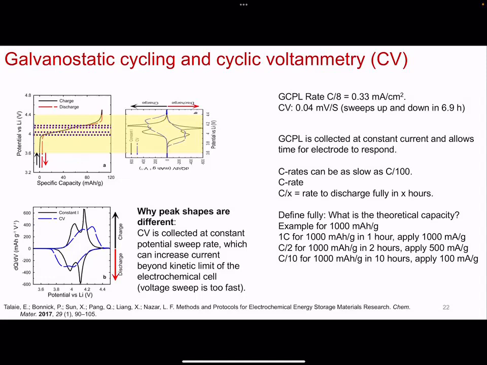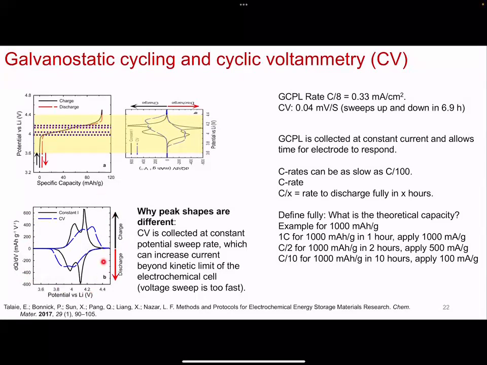But what's also useful is instead of just looking by eye and saying where's my first plateau, the most reliable way is just to take the derivative of the data, and you can overlay that. So you can then overlay in GCPL the black curve here, right? That's the first derivative, dQ/dV, as a function of potential.